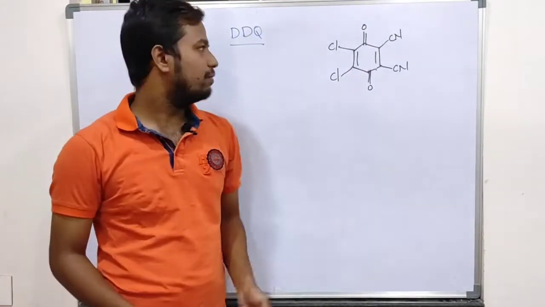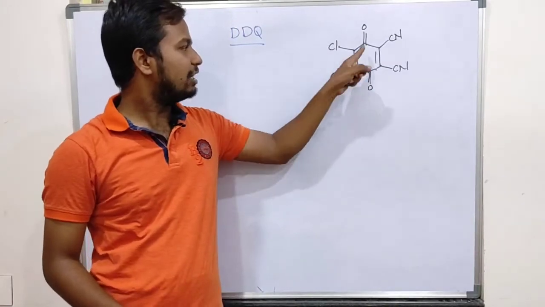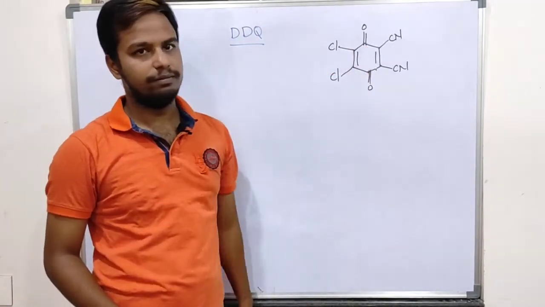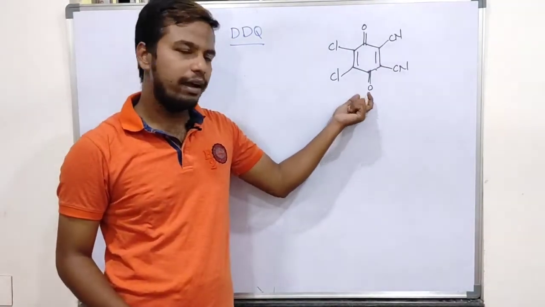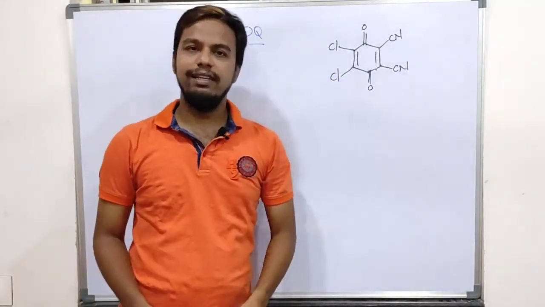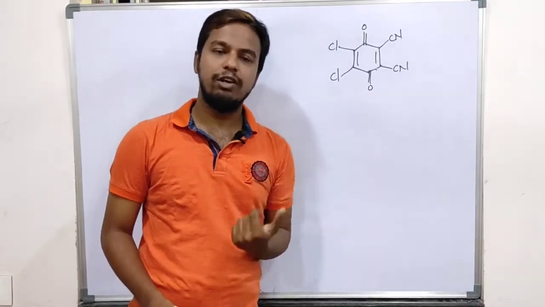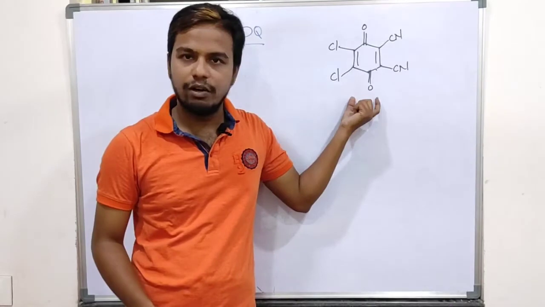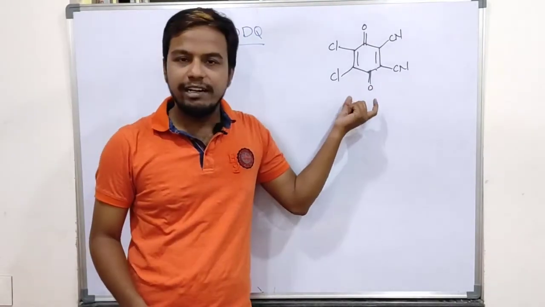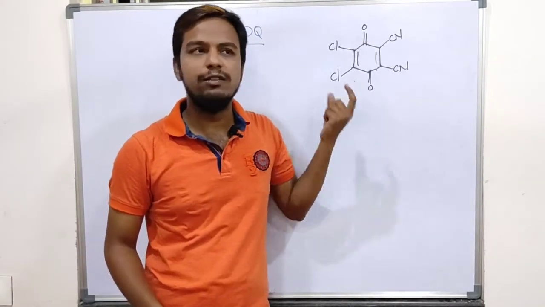Look at this species carefully. It already has sp2 carbon atoms everywhere, and two oxygens are doubly bonded, and chlorine as well as the cyano groups are electron withdrawing groups. All these factors make DDQ electron deficient, so it readily approaches electron rich species.